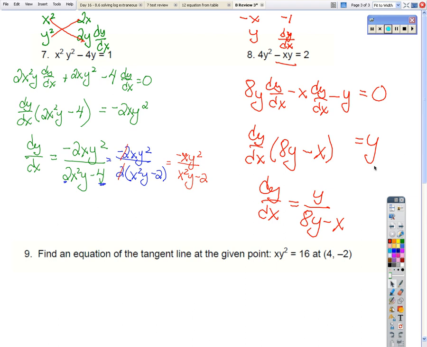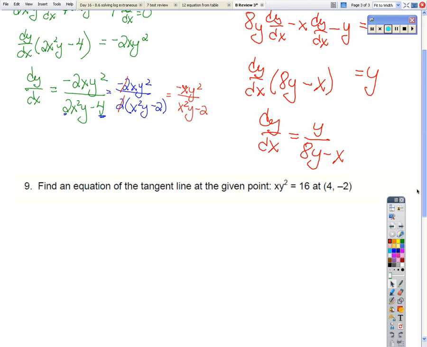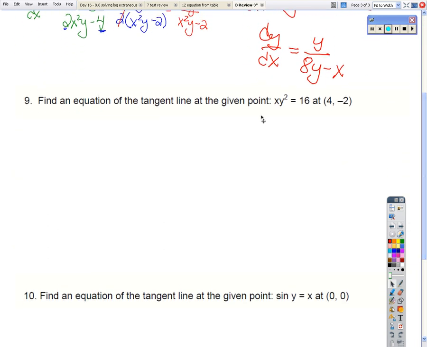Okay, so now for the last two, we have to use the derivative to find the equation of the tangent line. So the equation of the tangent line, we're going to use point-slope form, where this is our x1 and y1, and m we get from dy/dx.